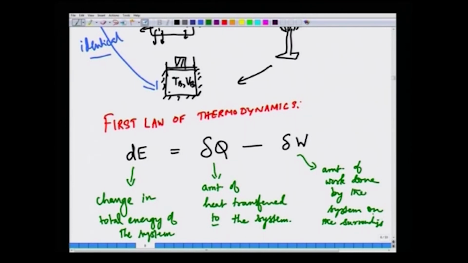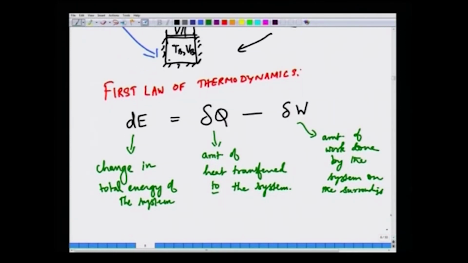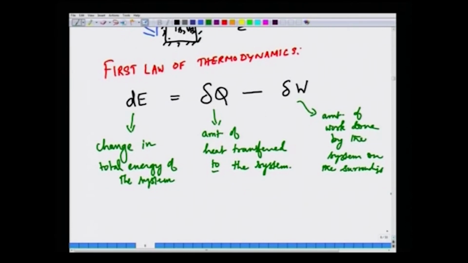Okay. Let us understand the implication of this equation from the example that we just did. Let me write this equation again, dE is del Q minus del W. In the first case we had a system with Ta, Va, and you insulate the system.